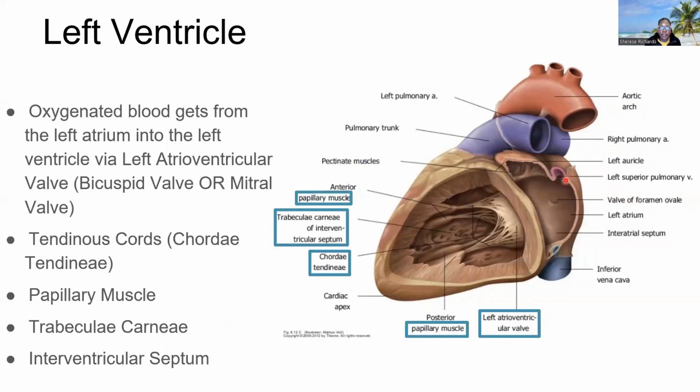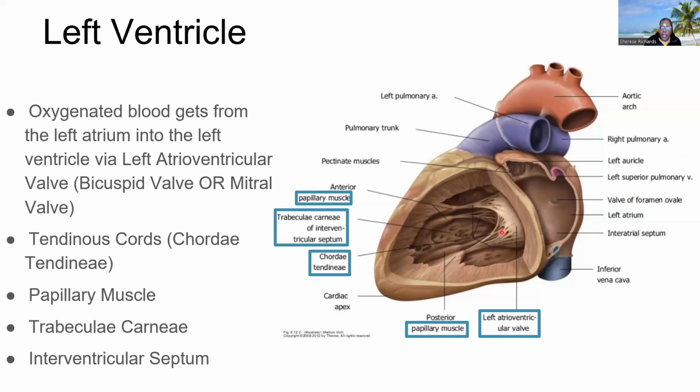Moving down to the left ventricle. Oxygenated blood gets transported from the left atrium down to the left ventricle as it moves through the left AV valve, which is referred to as the mitral or bicuspid valve. And as the name implies, this is an AV valve that only has 2 cusps, right?